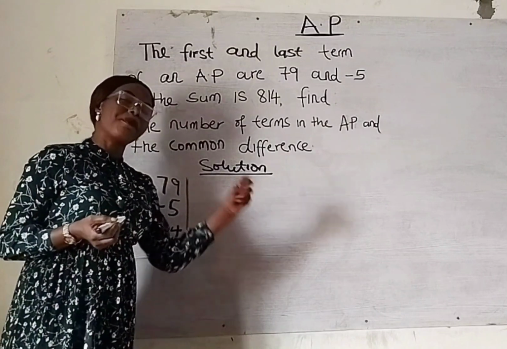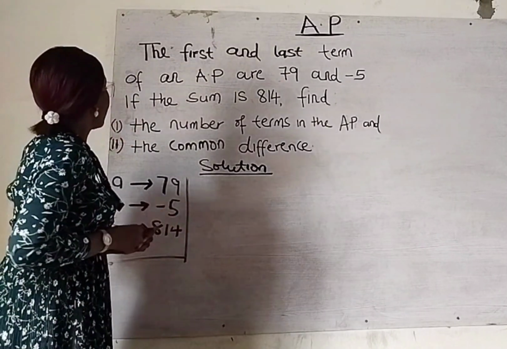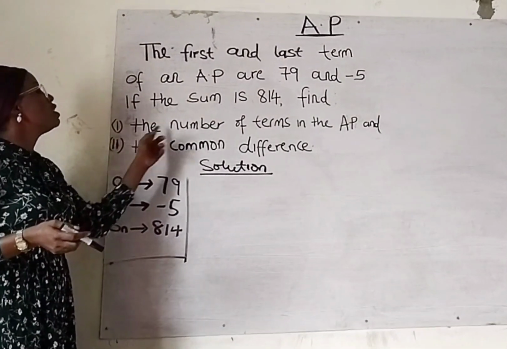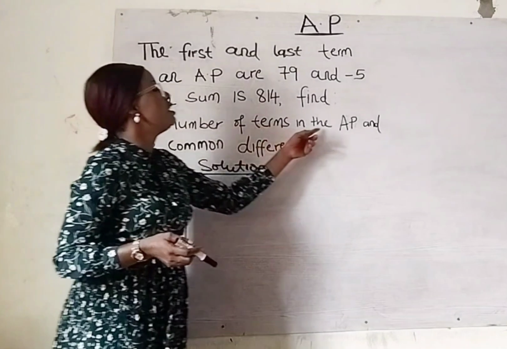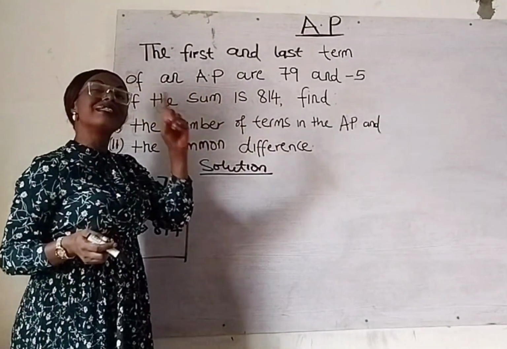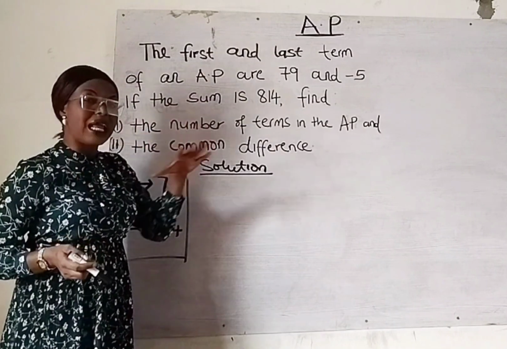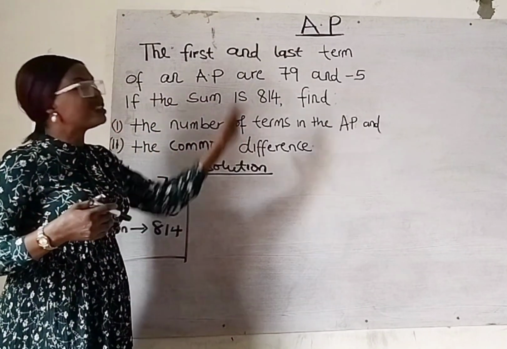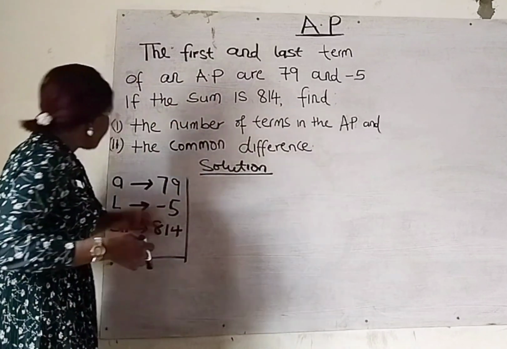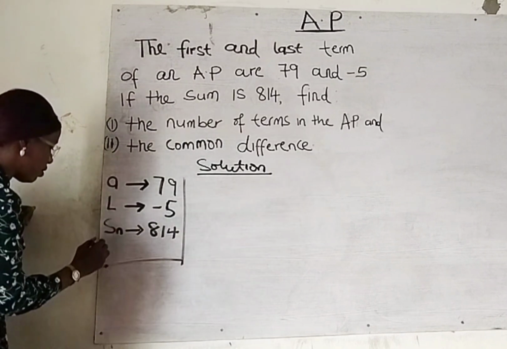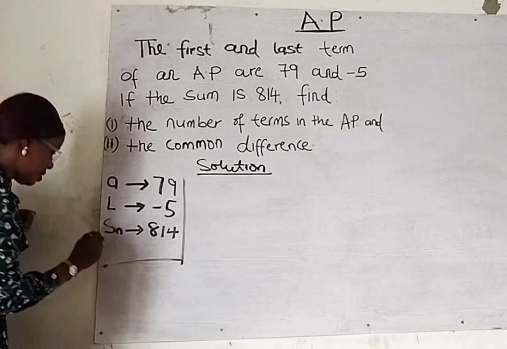I start with the first question, which says the number of terms in the AP. The number of terms in AP has no special formula. I'll just find a formula that involves number of terms. That's what we are solving for, which is n.